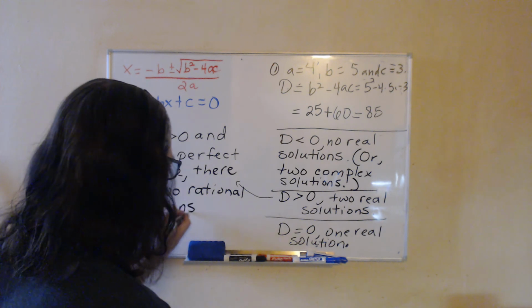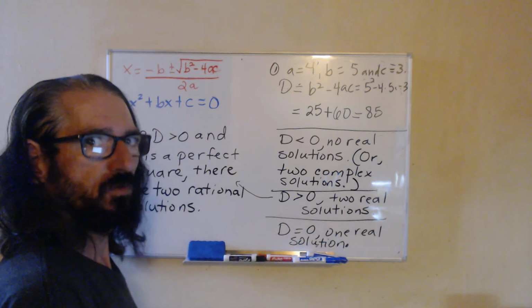Rational numbers are still real numbers.